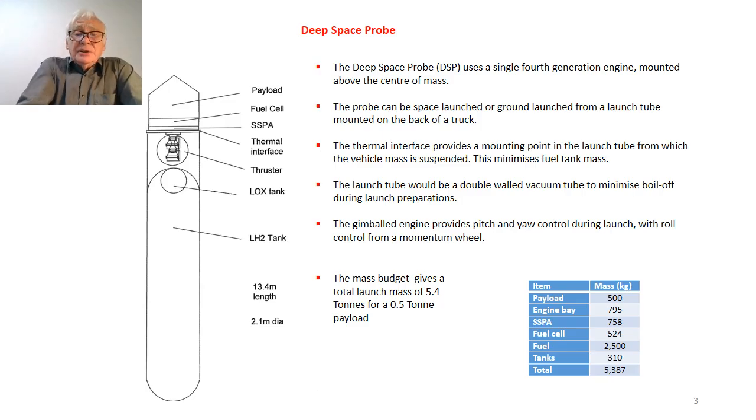The mass budget shows that we actually get a total launch mass of 5.4 tons for a half-ton, 500 kilogram payload. Very useful vehicle for all sorts of missions. Essentially, its primary design is for science missions into deep space.